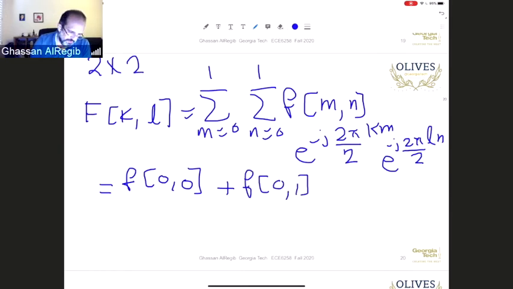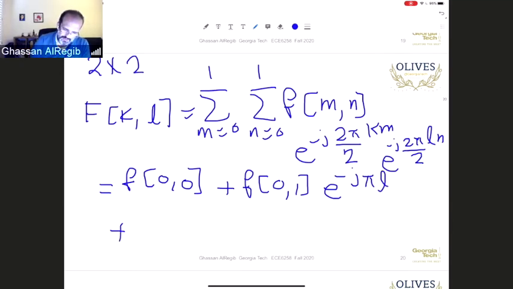And then e to the negative j 2 pi over 2 km will be 1 because m is equal to 0. And the second one will be e to the negative j, and then this will be pi l.